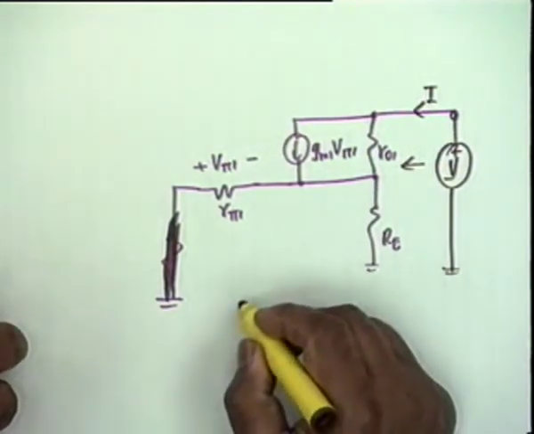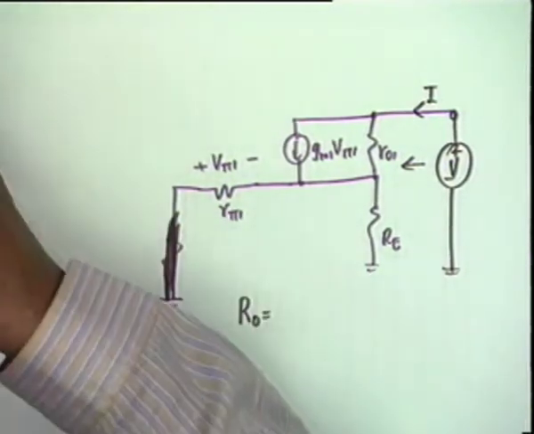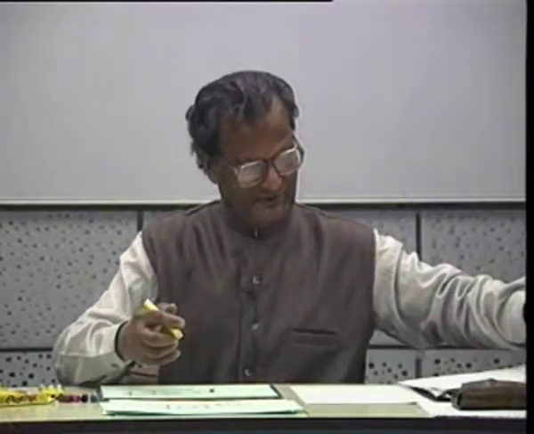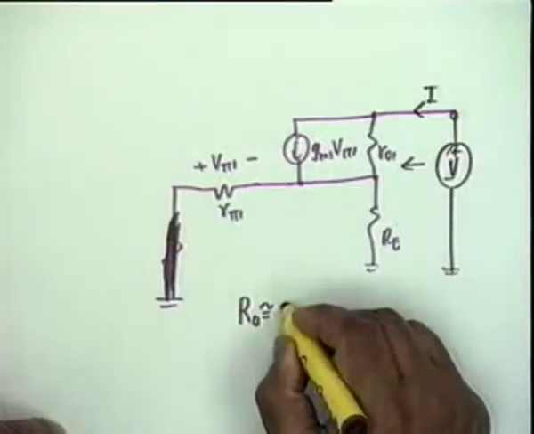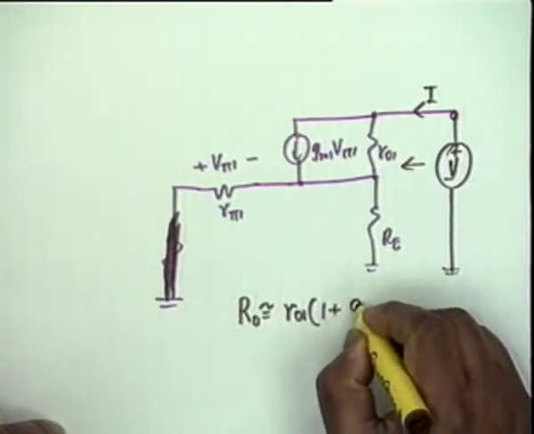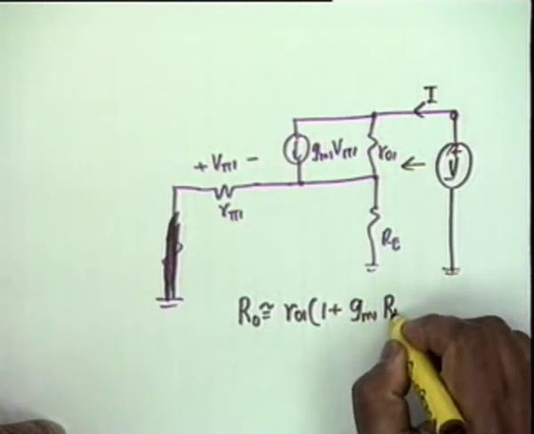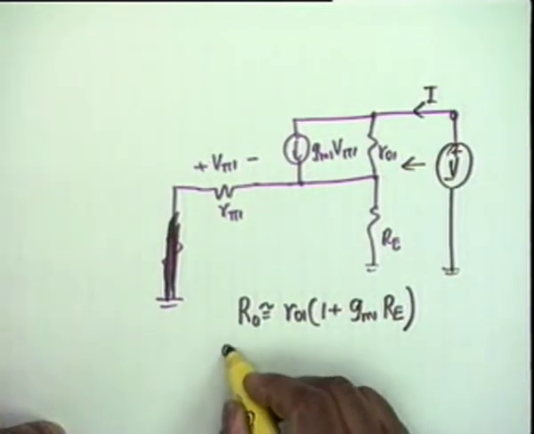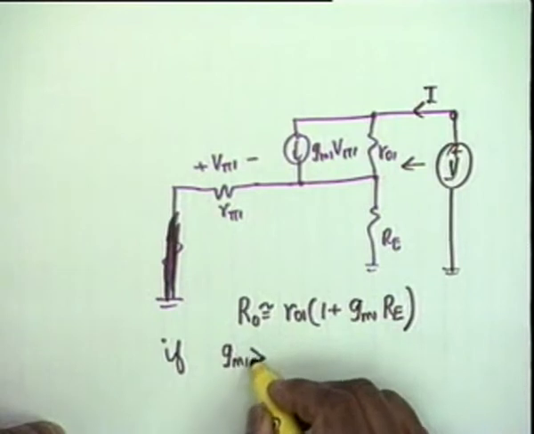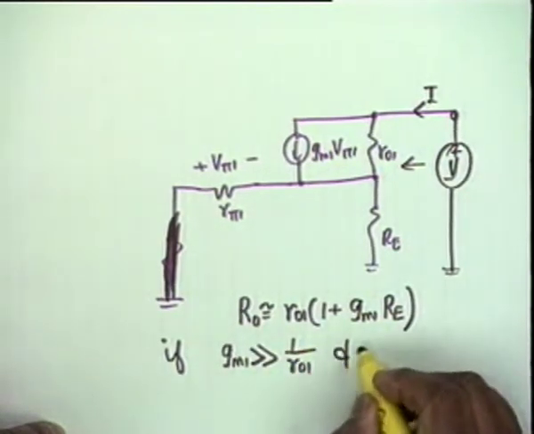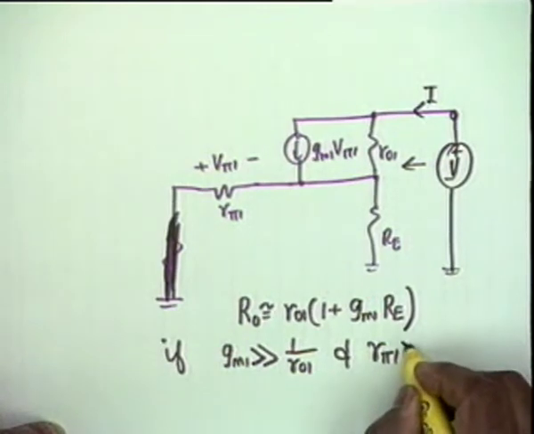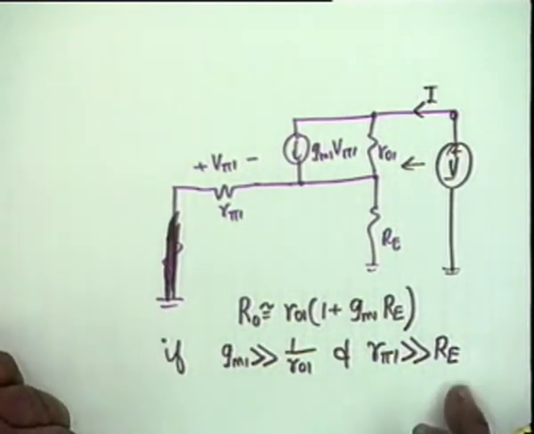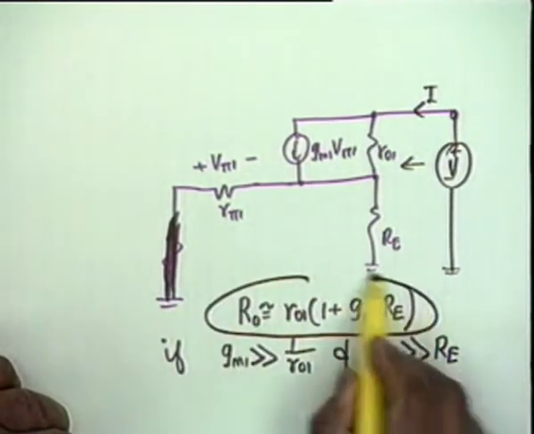And I urge you to solve this circuit and show that R0 is, I give you the final result only, approximately equal to R01 times 1 plus GM1 RE, provided two conditions are valid, that is GM1 is far greater than 1 by R01 and R pi 1 is much greater compared to RE.